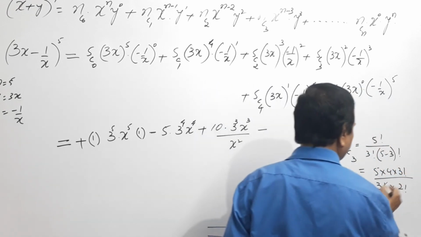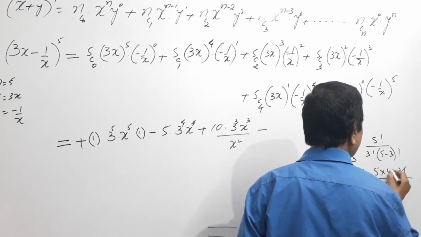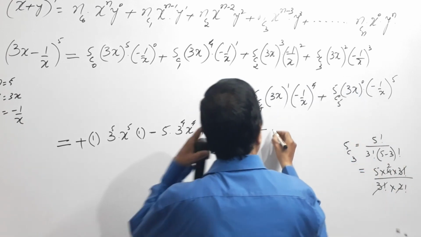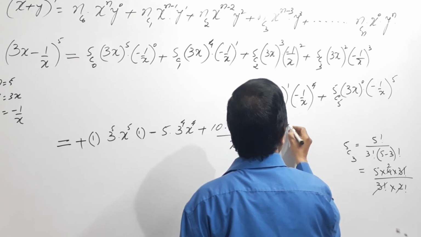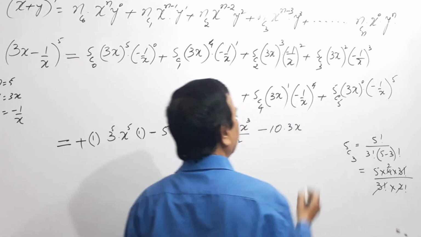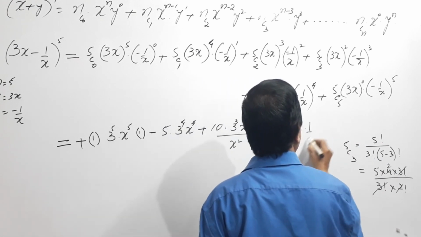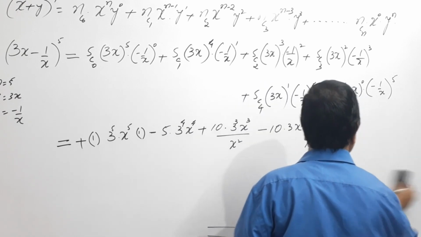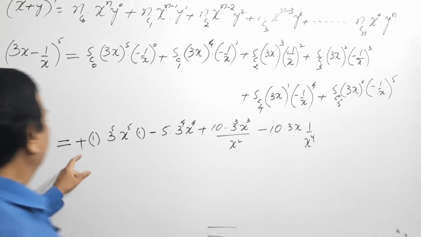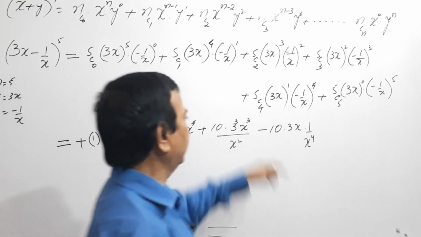So this cancels 2 times, this again becomes 10. 10 into 3 to the power of 2, x square, into 1 by x to the power of 3. Done. So plus, minus, plus, minus.